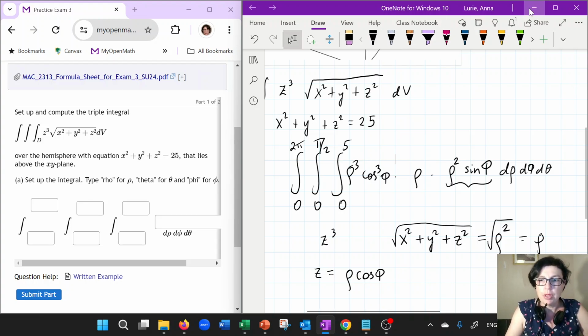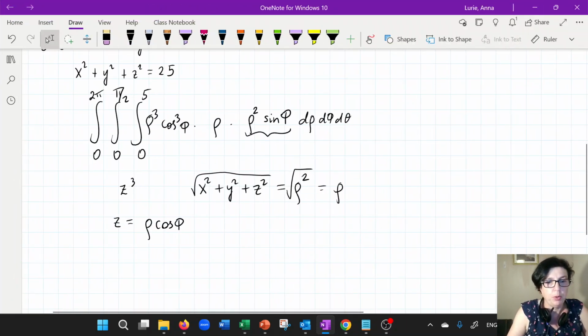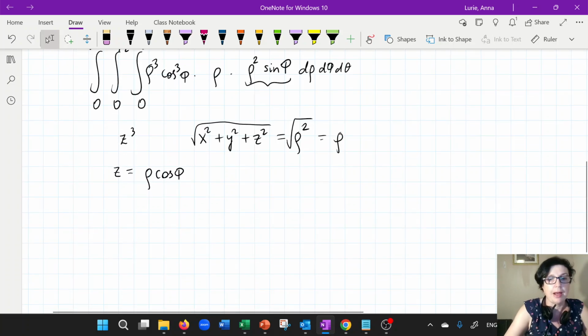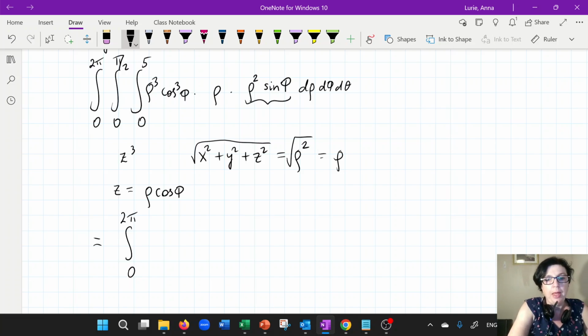Okay, so now that we put it all together, let's see if we can split it apart and compute the integral. This is actually not hard once you set it up, because these integrals are all splittable. You can split it into 3 different ones, because all the limits are numbers, and the integrand is just a product of something that has rho and something that has only phi.